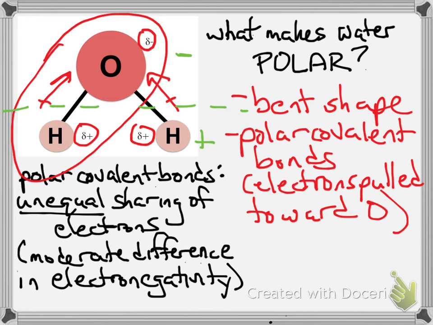So the take-home message here in terms of what makes water polar is that this bond between the hydrogen and the oxygen, which we call a hydroxyl group, is what makes water polar. So as a rule of thumb, and this is a bit of an oversimplification, we are going to look for as many of those groups as possible to find a polar molecule.